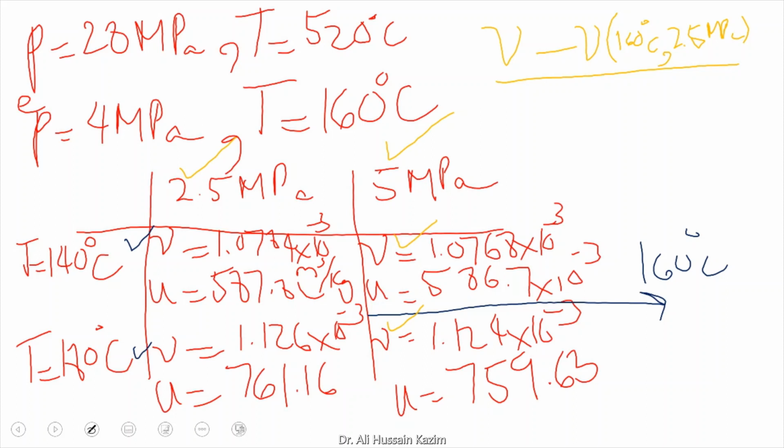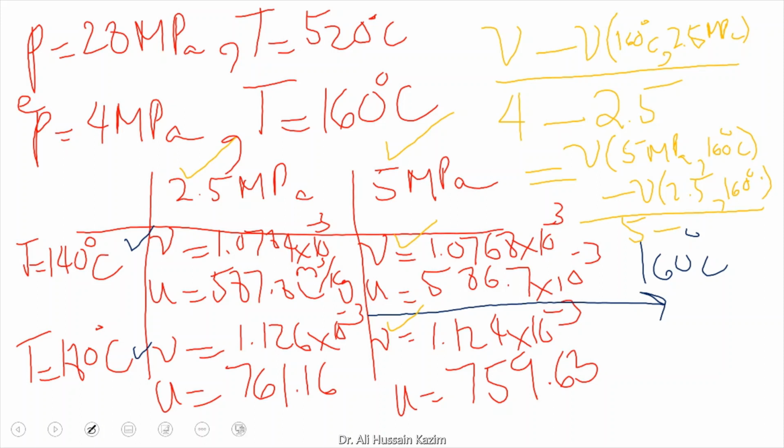Then we would equate it to the specific volume at 5 megapascals, 160 degrees Celsius, minus V at 2.5 megapascals, 160 degrees Celsius, divided by 5 minus 2.5.